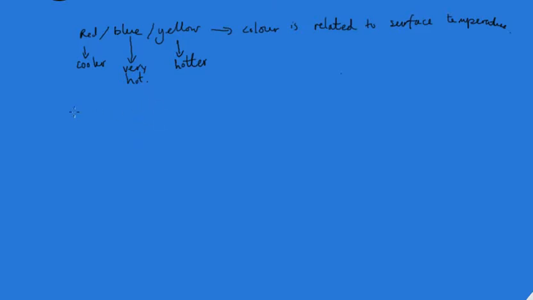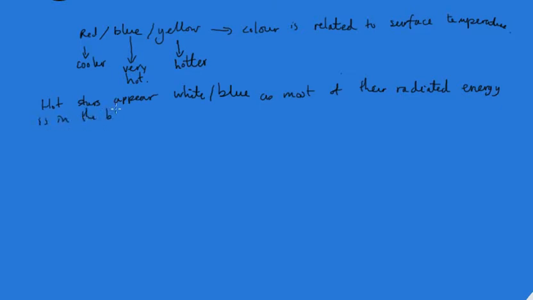Hot stars appear white or blue as most of their radiated energy is in the blue to ultraviolet range.